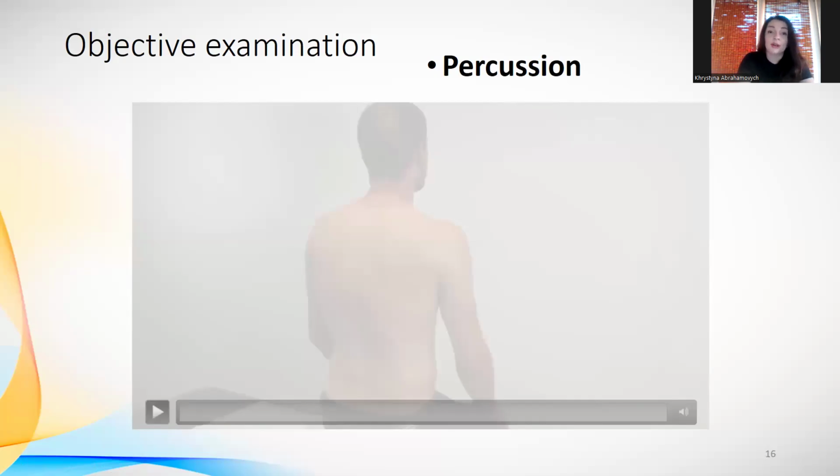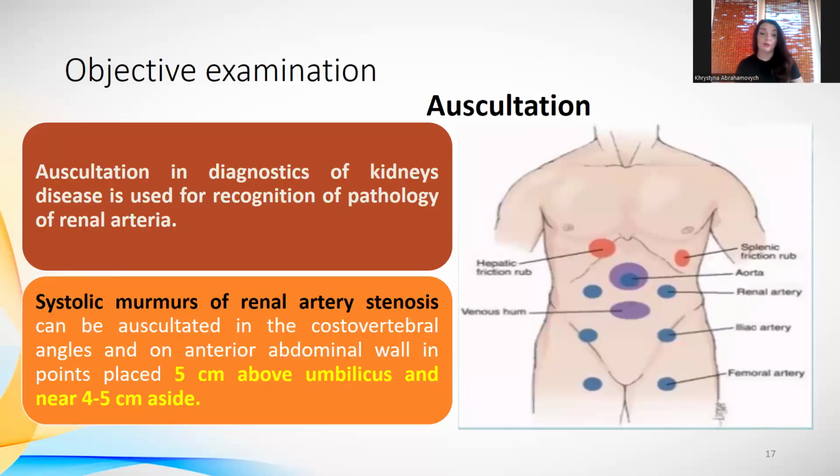Okay, so again, I will not play this video because I don't have enough time for that. So the last examination which can be done is auscultation. When we talk about auscultation, students, it is done, for example, to reveal renal stenosis.